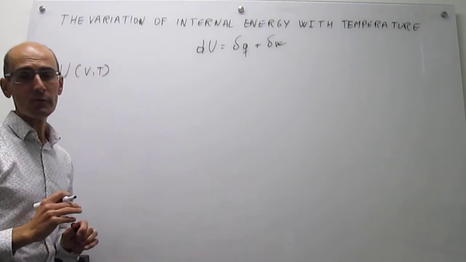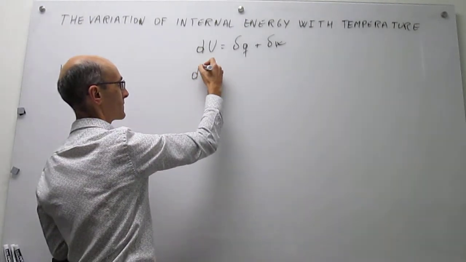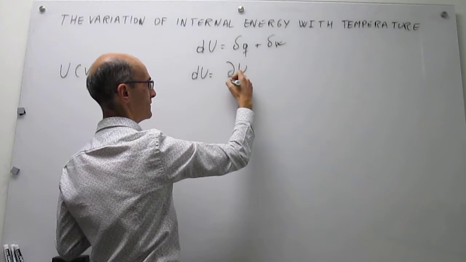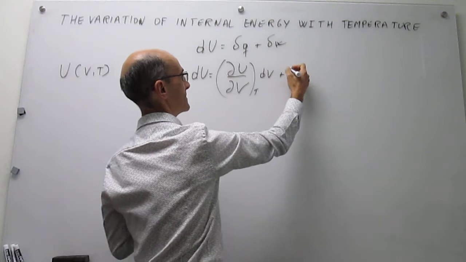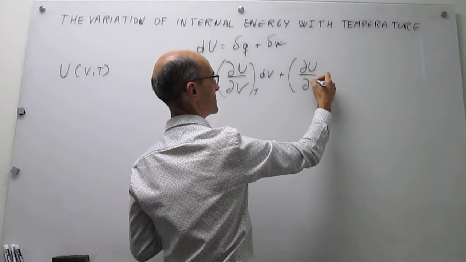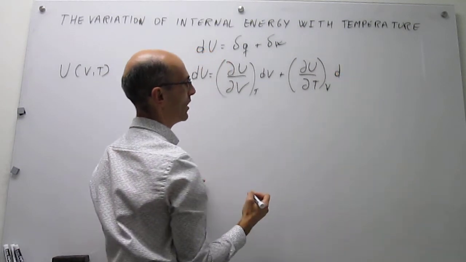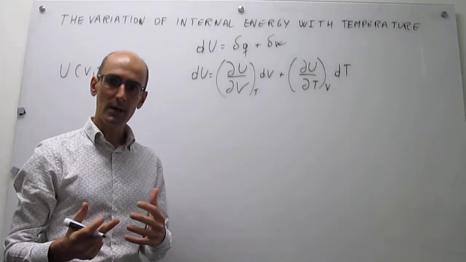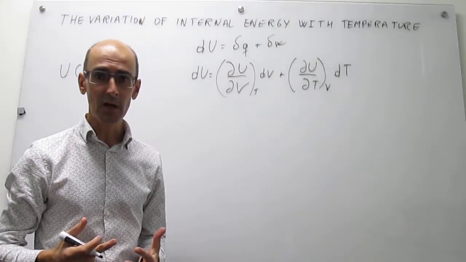And from here, we've been able to show that the total derivative of the internal energy would be as follows: the first derivative of the internal energy with respect to volume at constant temperature times differential V, plus the first derivative of the internal energy with respect to temperature at constant volume times differential of T.